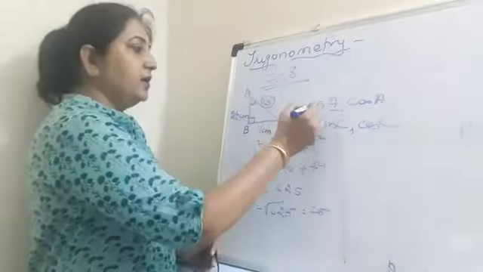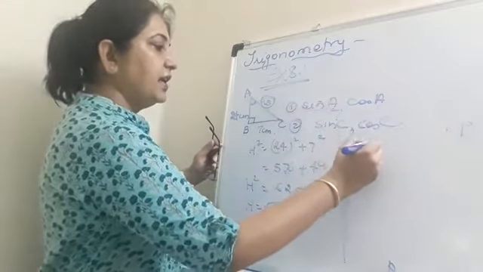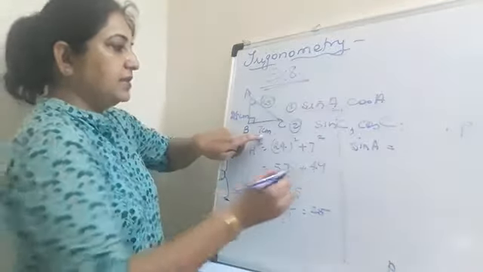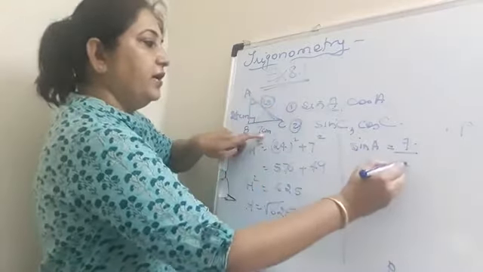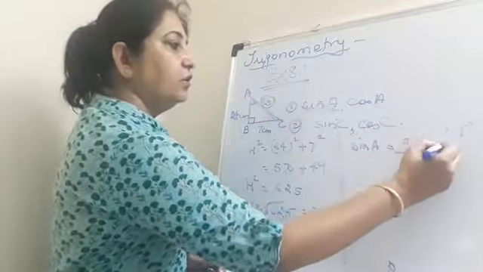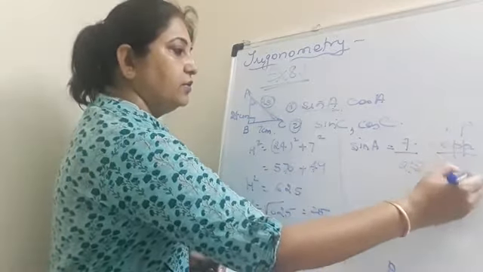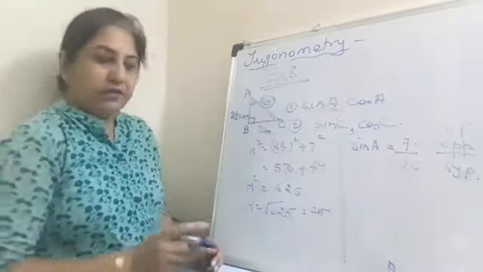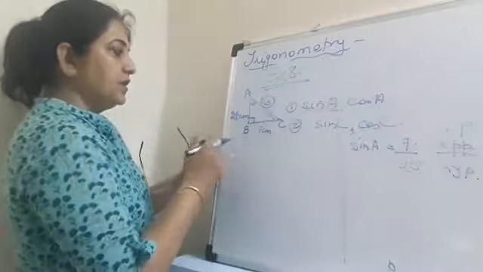Now let us write sine A. Sine A is equal to this 7 upon hypotenuse 25. You have learned the ratios, right? So sine A is equal to opposite upon hypotenuse, which will give you 7 upon 25, right?